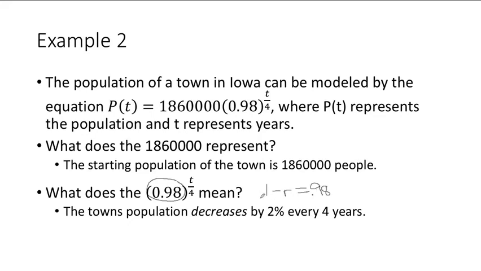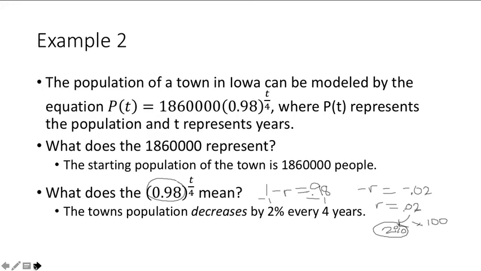And if I solve this for r, I'd subtract 1, so negative r equals negative 0.02. r would be positive 0.02. And 0.02 in decimal form, if you multiply by 100, is going to be 2%. So that's where I get my 2% decrease.